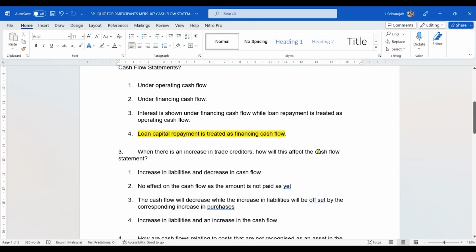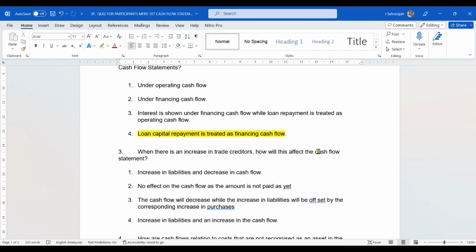The financing cash flow, try to understand this. It's confusing, I know. When you get a loan from the bank, it's a financing cash inflow. All right. When you pay the interest, where did the source of the interest come from? It came from your operations, right? So you debit the cost to the operations, loan interest in the operations.